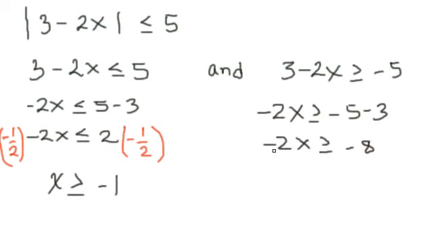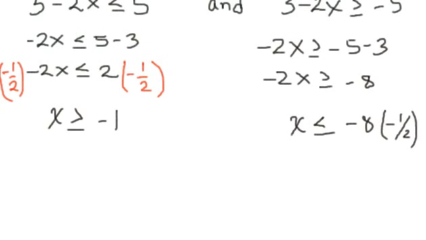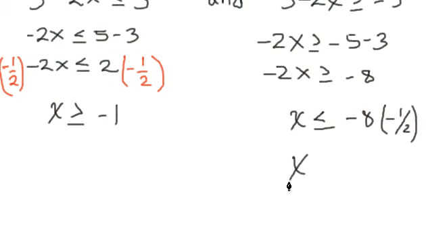A negative a half times negative 2 is 1, so we're left with just an x, but we have to flip this inequality because we're multiplying through by a negative. It's the only time that you flip the inequality is when we're multiplying through by a negative. And so we have a negative 8 times a negative a half, and of course we've got to simplify that down. We're left with x is less than or equal to, and a negative times a negative is positive, and half of 8 is 4.